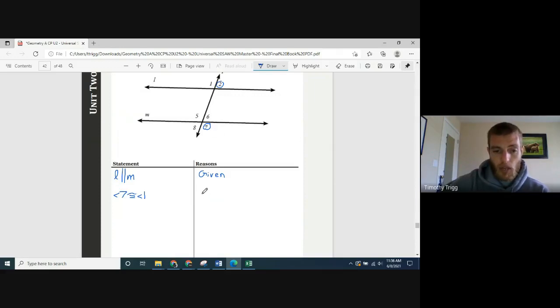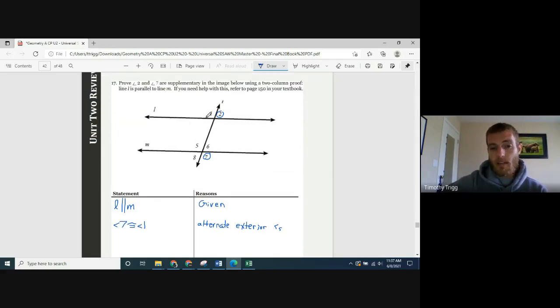So we know this because they are alternate exterior angles. Okay, so now I know that 1 and 7 are congruent. And now I can say, well, what do we know about the relationship between angle 1 and angle 2?